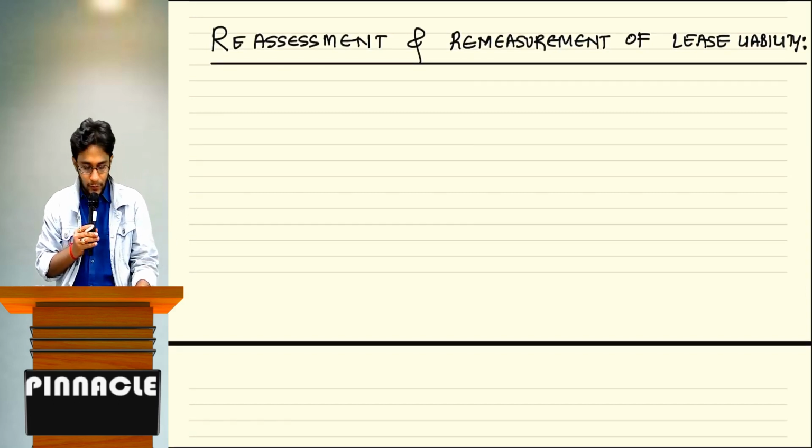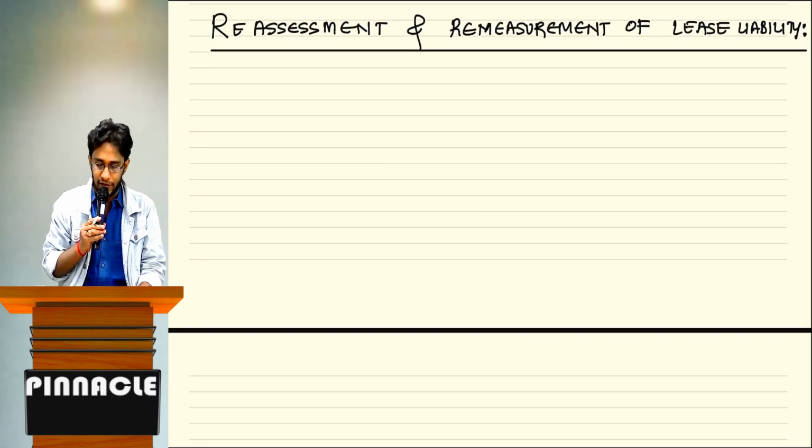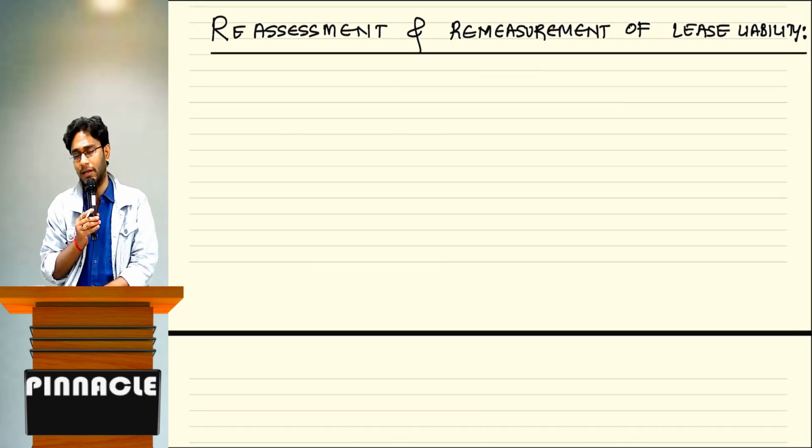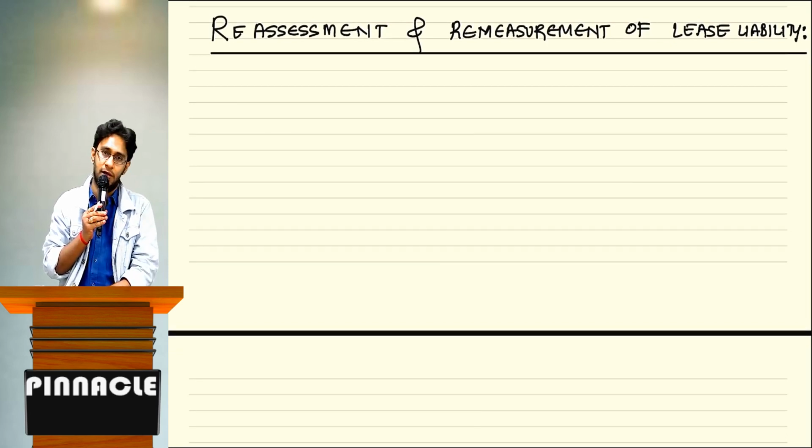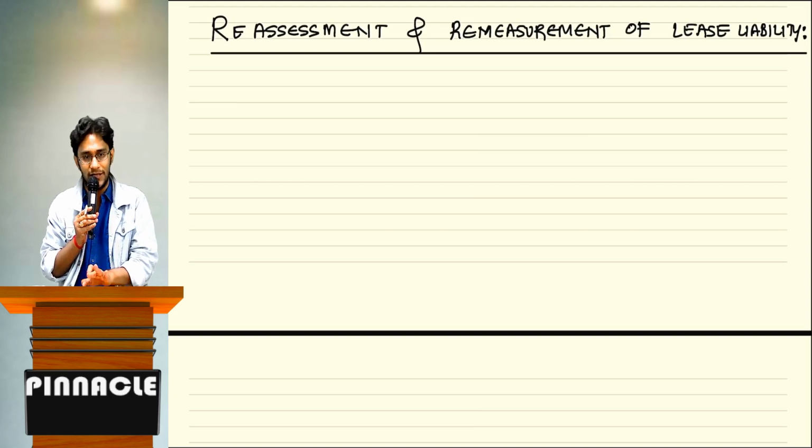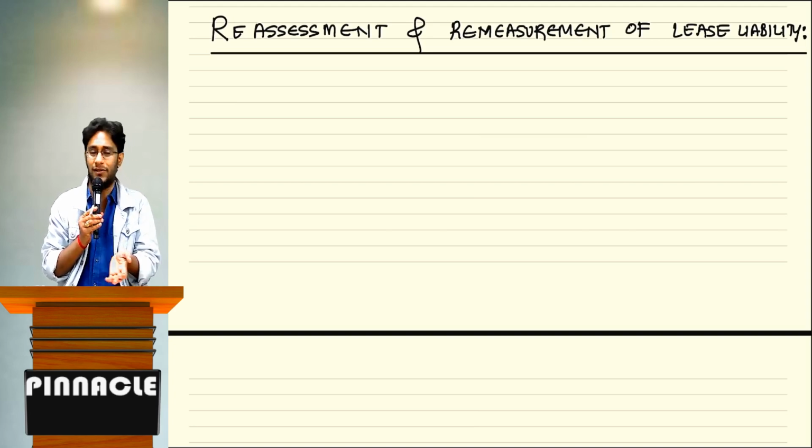So sometimes, whatever factors you have taken for measurement of lease liability on the commencement date, if any revision comes to any of those factors, revision meaning because of a change in estimate, then the liability you have already measured is not correct anymore. So the liability has to be remeasured.